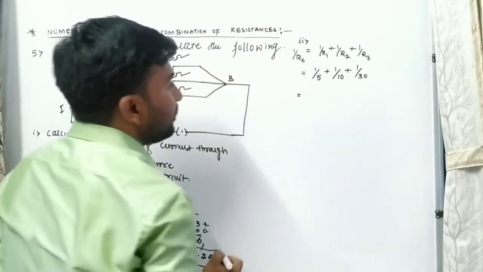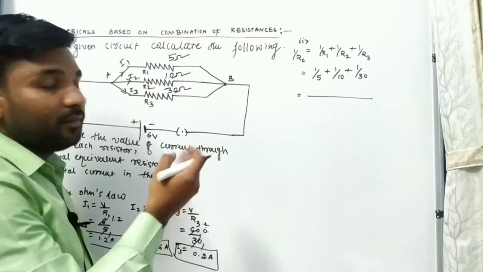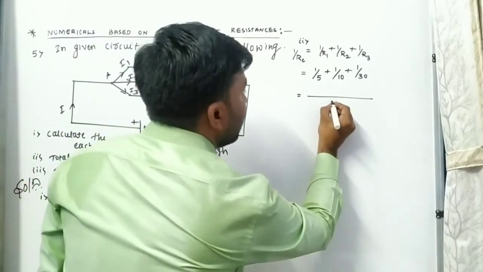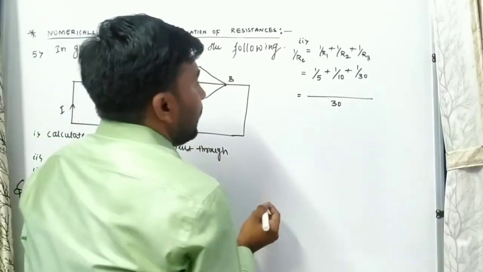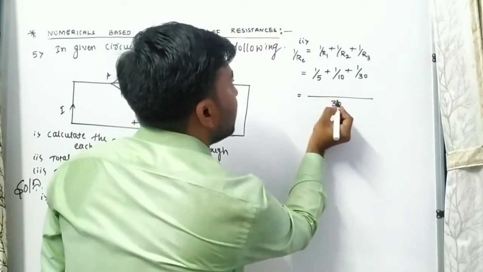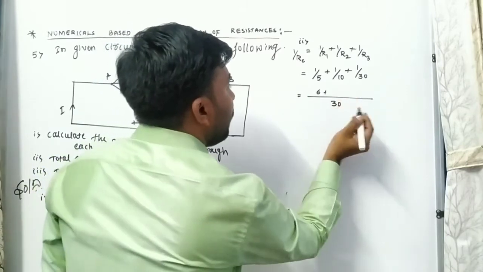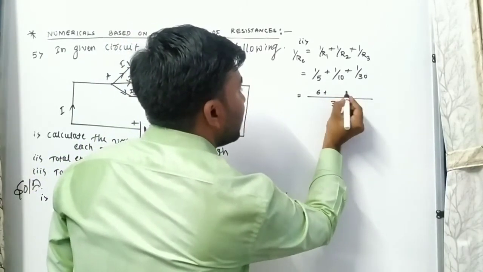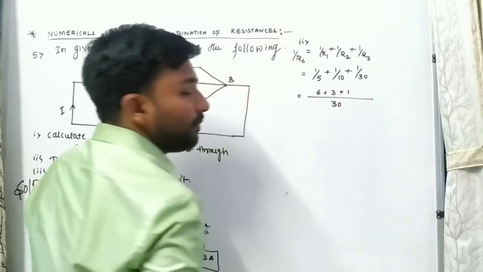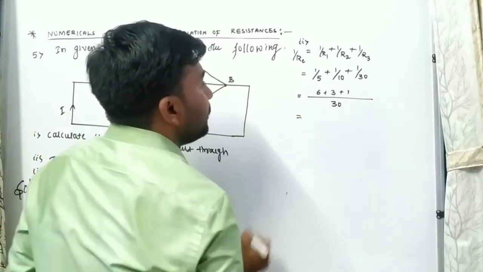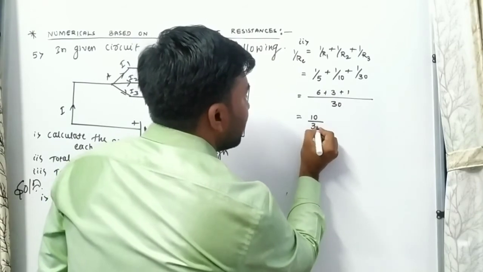Take the LCM, the LCM is 30. Now 5 sixes are 30, 10 threes are 30, and this is 1. Now this is equal to 10 divided by 30.